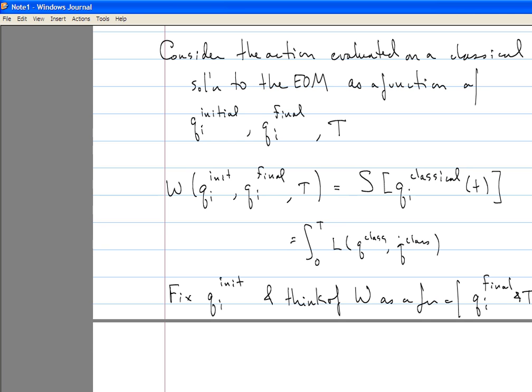And let's now ask, how does W depend on position and time? Well, in order to study how W depends on the final position and time, we need to understand how the action depends on the final position and time.